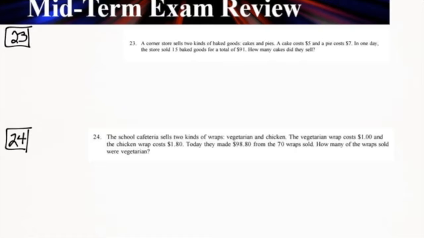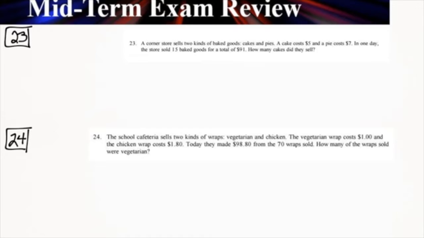For number 23, we're going to set up the equations first. So I'm looking for the number of unknowns that I have, and a cake costs $5 and a pie costs $7. And they sold 15 of these items and made $91. They want to know how many did they sell.